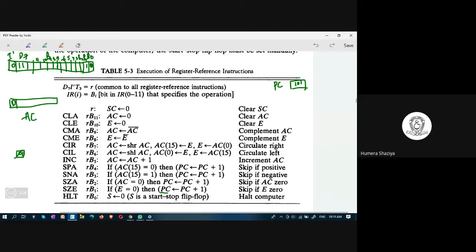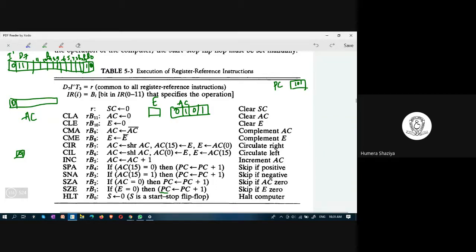We will look at an example. Consider AC is 4 bits. E is 1 bit. These values are 0, 1, 0, 1. What do you have to do first?